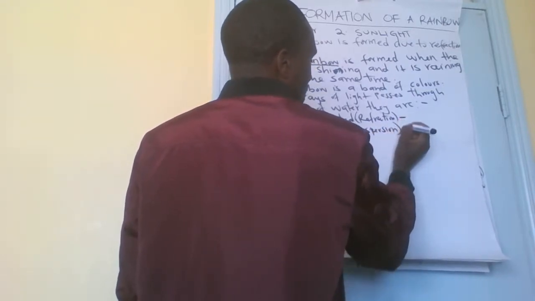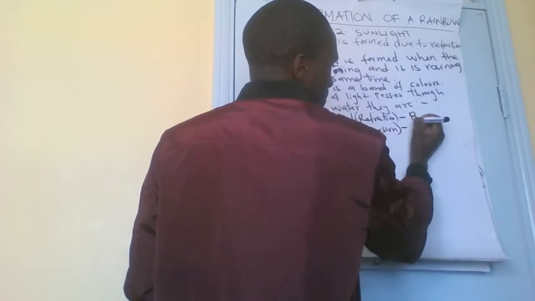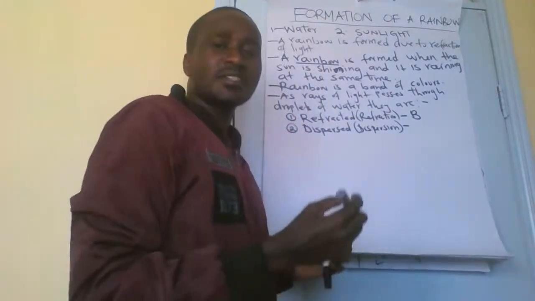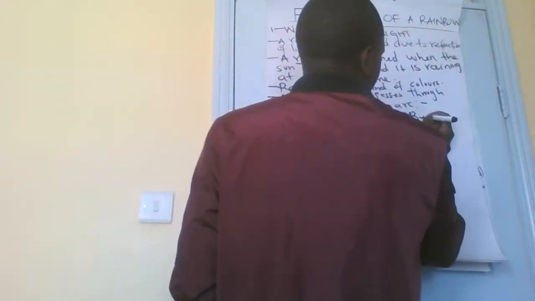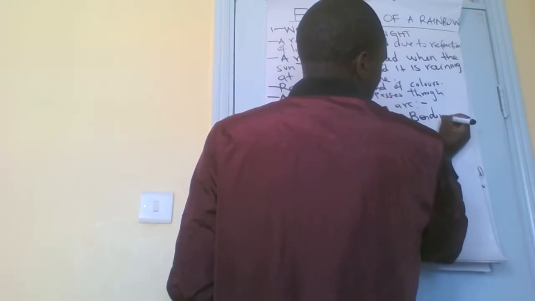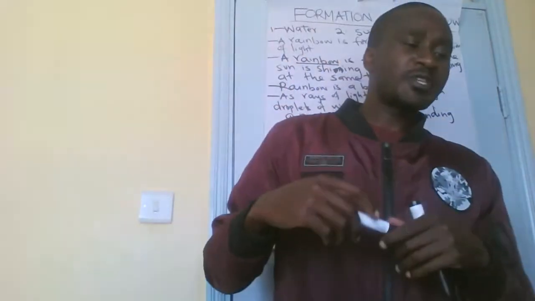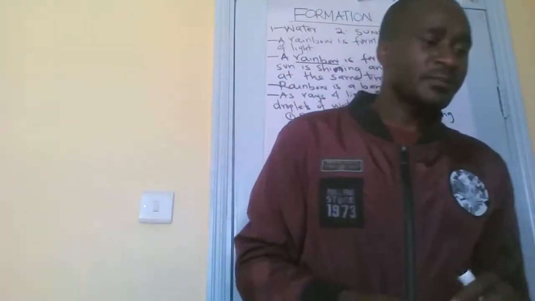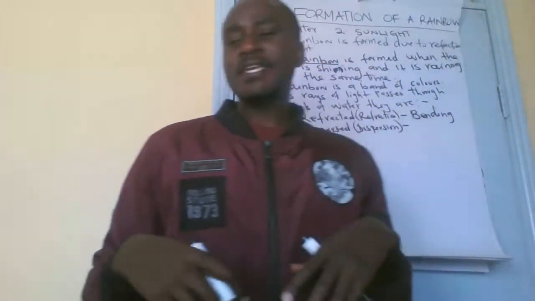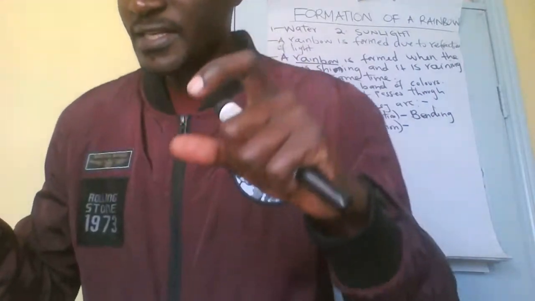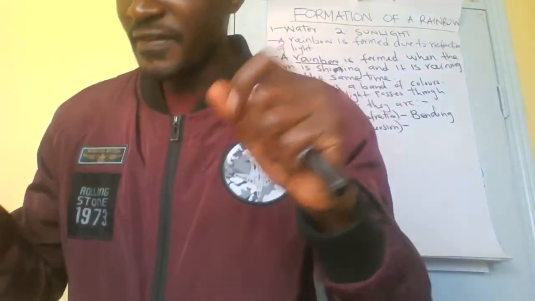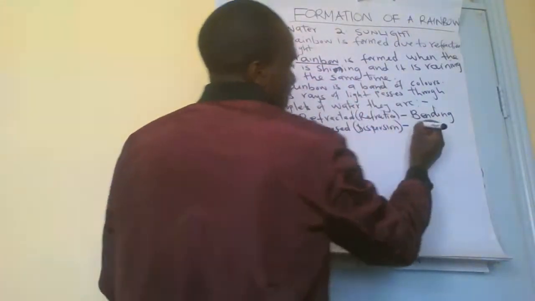And what is refraction? We said refraction is bending. And we must also come to know what we mean when we say dispersion of light. Dispersion of light is splitting of light. They split, they disperse.